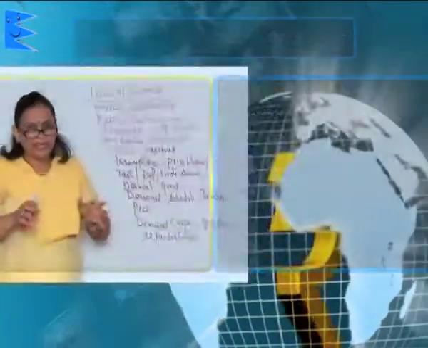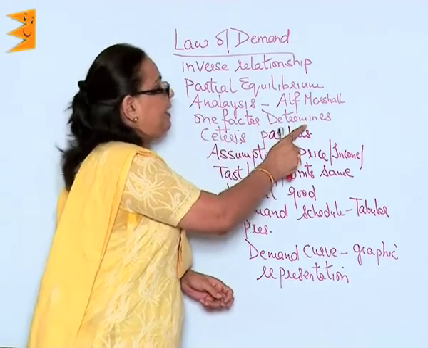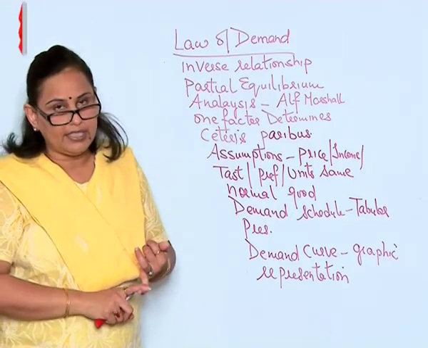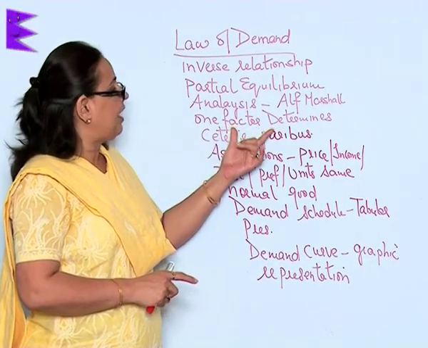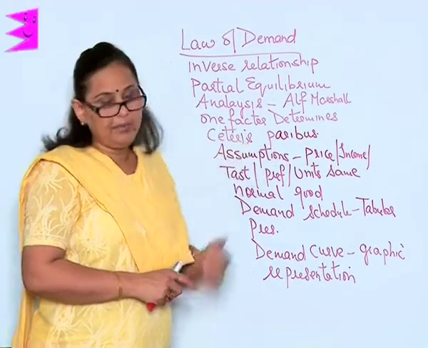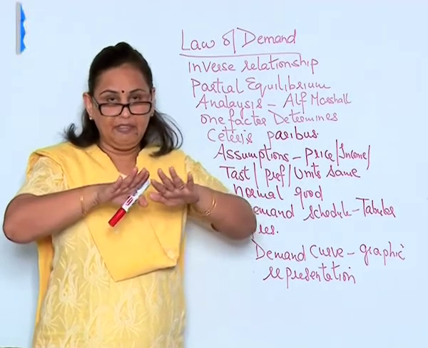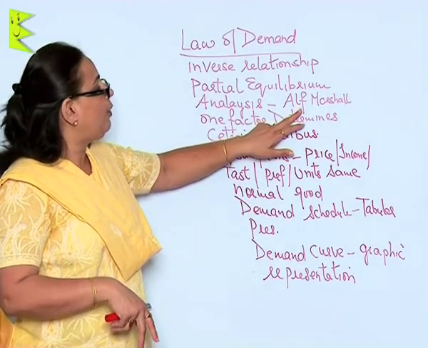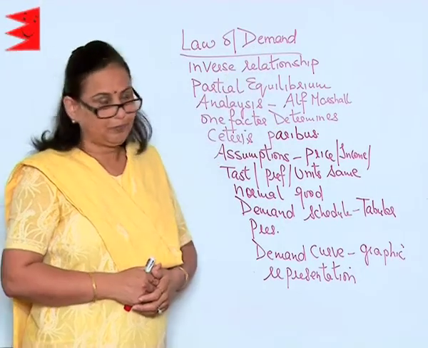So his law is based on one factor determining the demand of a commodity with other factors remaining constant. When other factors remain constant, it is called ceteris paribus. It's a Latin phrase which means that the factors are constant, and only one factor out of them is influencing the demand of a commodity.